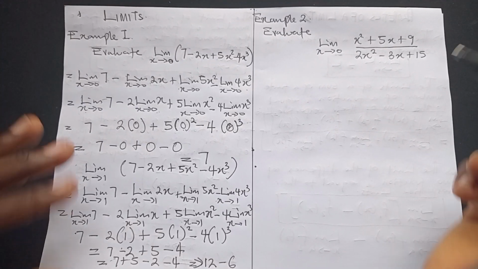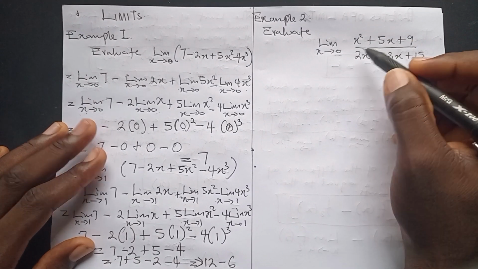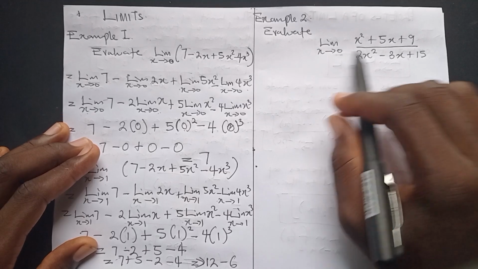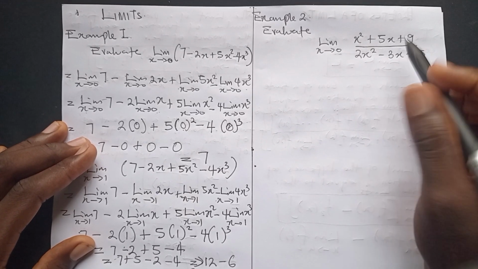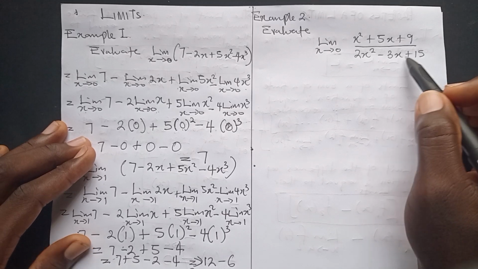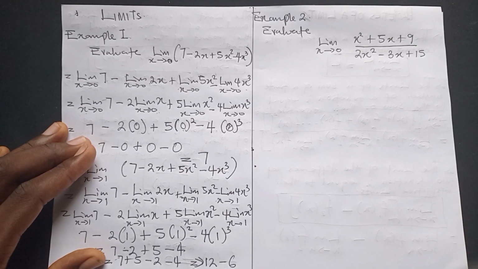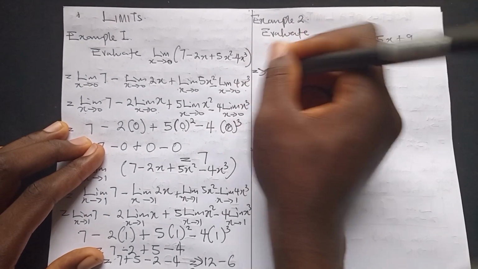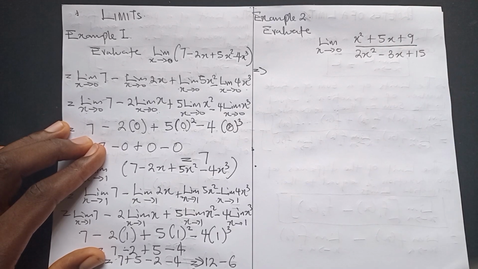Now let's solve the second example. The second example says find the limit of this function. Evaluate this when x tends to 0: x squared plus 5x plus 9 over 2x squared minus 3x plus 15. So you take the limit of each term inside.